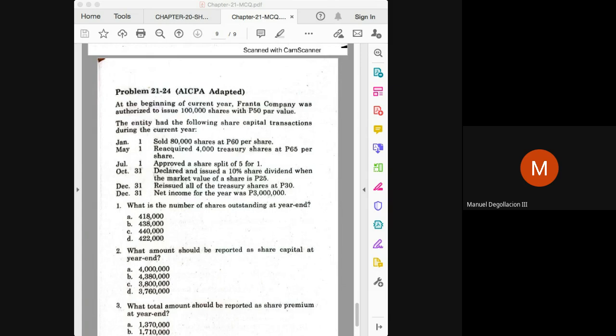It was 4,000, but because of the stock split, it became 20,000. Okay, 4,000 times 5, we will have 20,000. You will deduct the 20,000 from the 400,000. That will give you your outstanding shares as of that point.